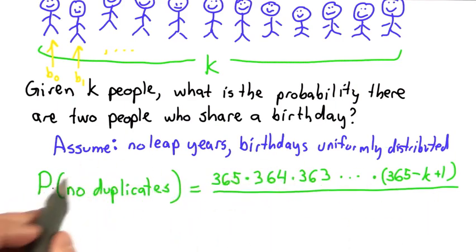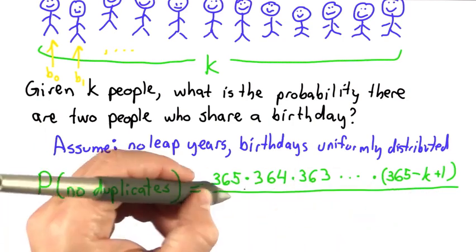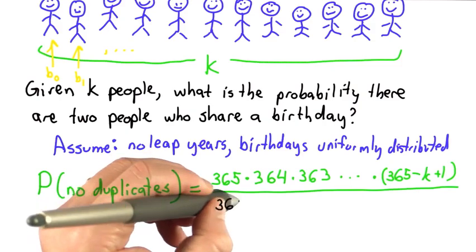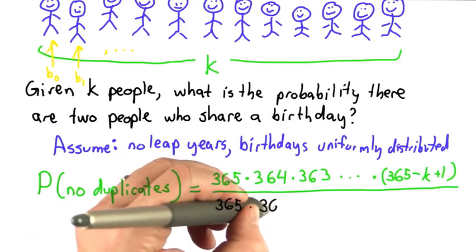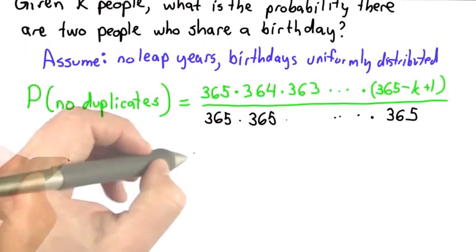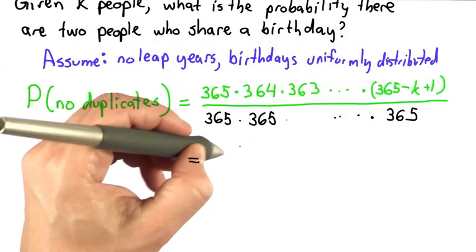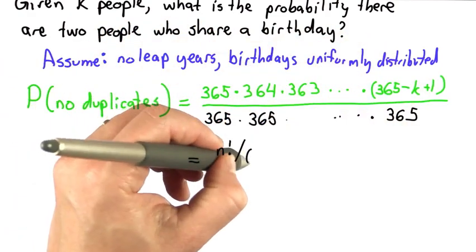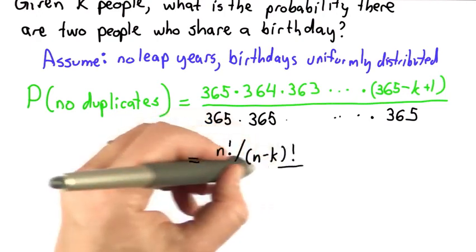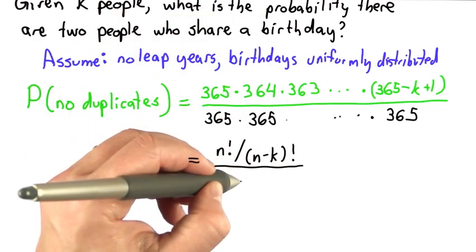We're trying to compute the probability, so we're going to divide that by the number of ways to assign with duplication, which is just 365 choices for each person. So in general, this first value is n factorial divided by n minus k factorial. And the bottom result is just n to the k.